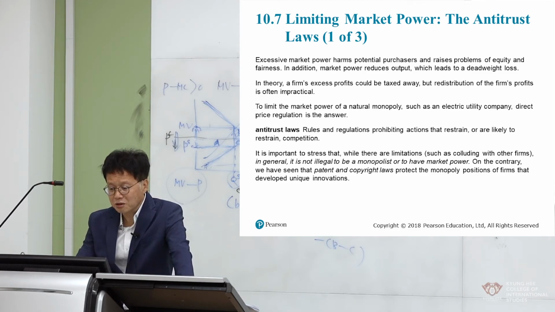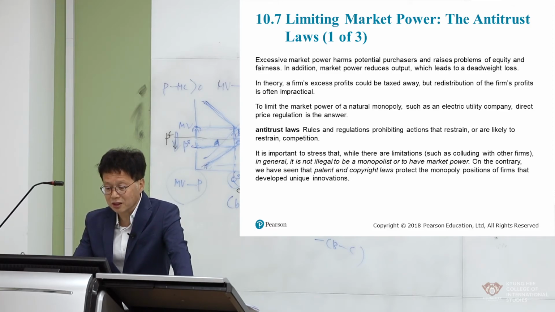Right? In theory, a firm's excess profit could be taxed away, but redistribution of a firm's profit is often impractical. To limit the market power of a natural monopoly, such as an electric utility company, direct price regulation is the answer. I already explained average cost pricing, right? In the natural monopoly case. Antitrust laws are rules and regulations prohibiting actions that restrain or are likely to restrain competition.